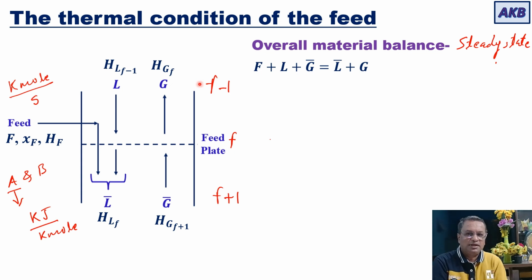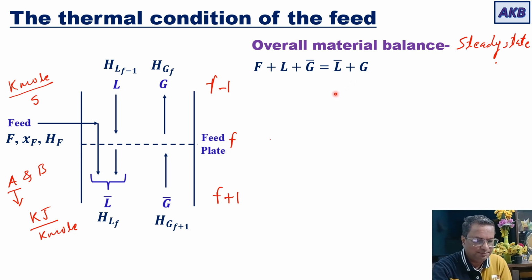The streams leaving the feed plate are L bar and G. So the overall material balance at steady state will be F plus L plus G bar is equal to L bar plus G.